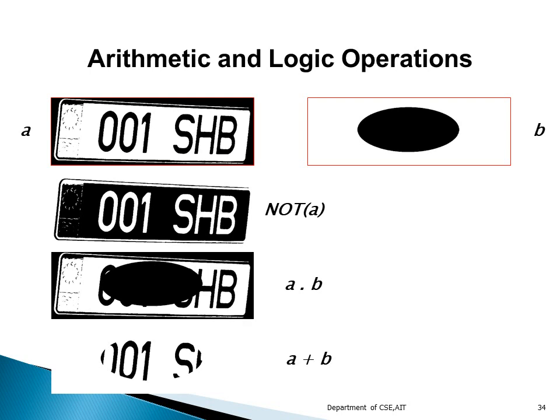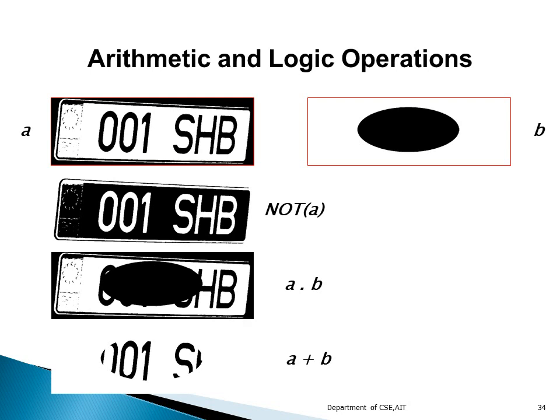So we are going to get these values A dot B, which will be equal to whatever the value of A is, and we are going to AND it with B. You can see that for the black circle that was there, the value behind it may be a white color or it may be a black color.